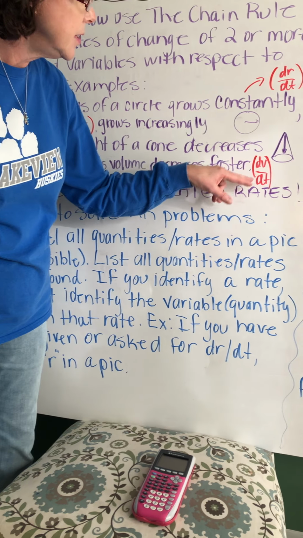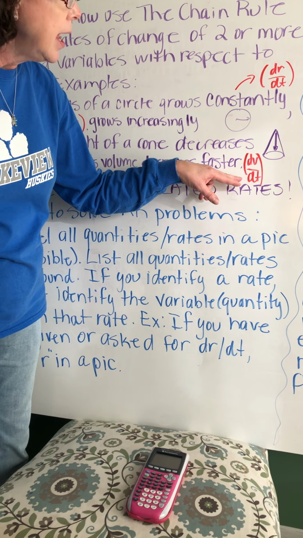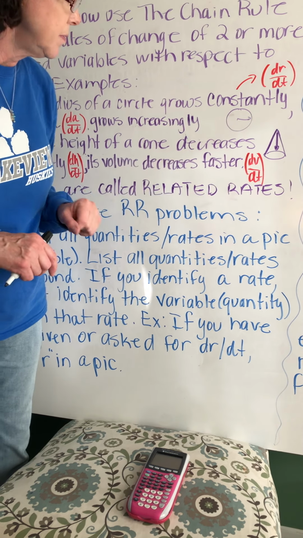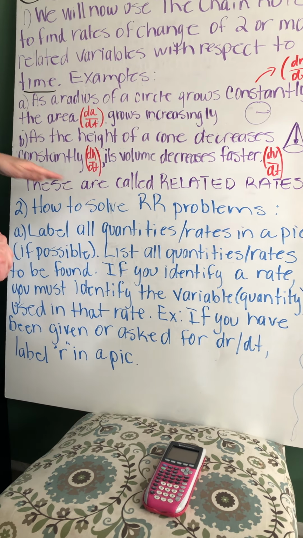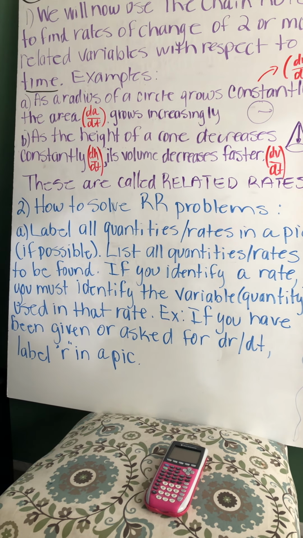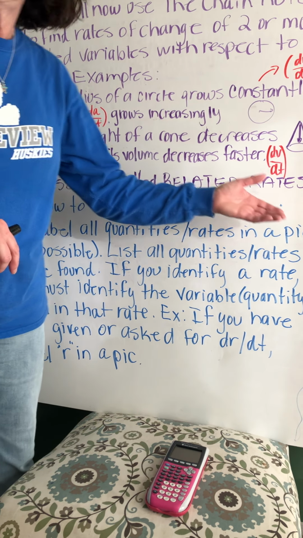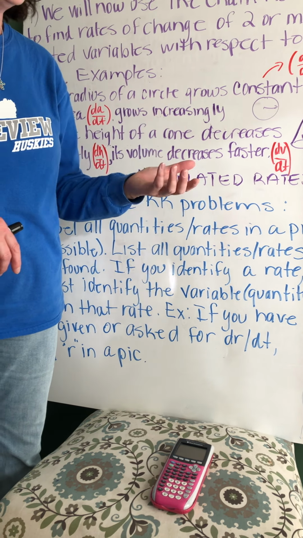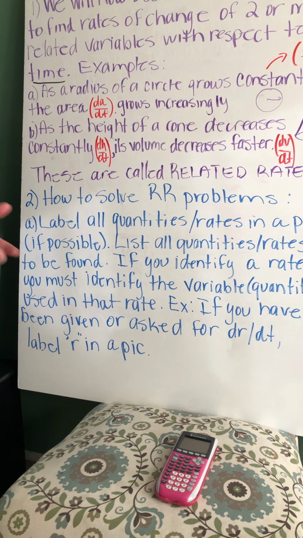We call that dV dt, the rate of change of the volume with respect to time, at one point in time. It is a derivative. When the height changes constantly, the volume actually decreases faster because of the squared component in it. These are called related rates. Of course, when one variable changes, it causes another variable to change, and they are related to each other.